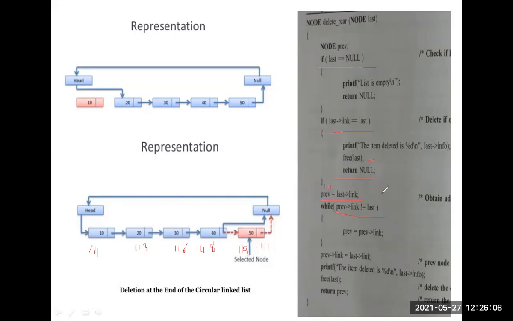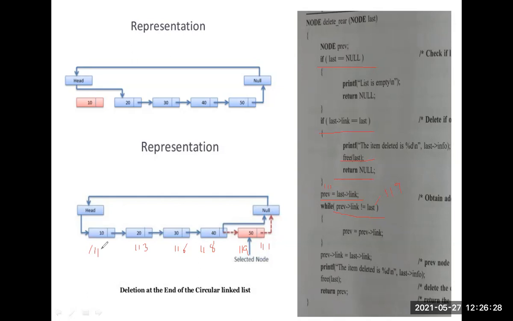So last equal to 119. This one is 113, this is 116, this is 118, and this one is 119. Previous equal to last of link means the first node address.